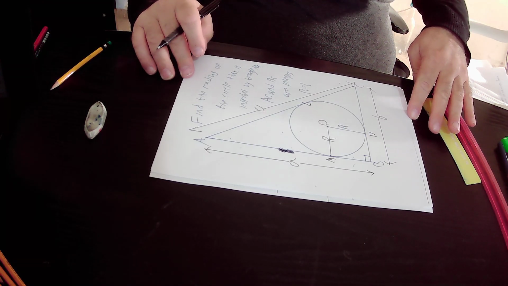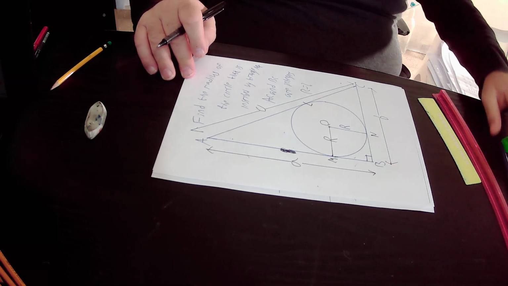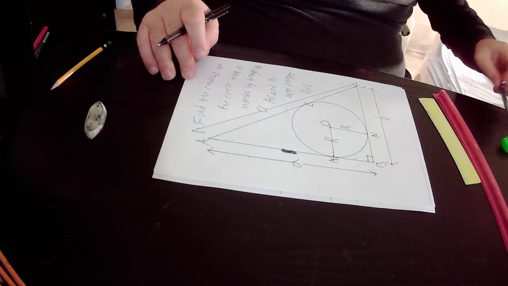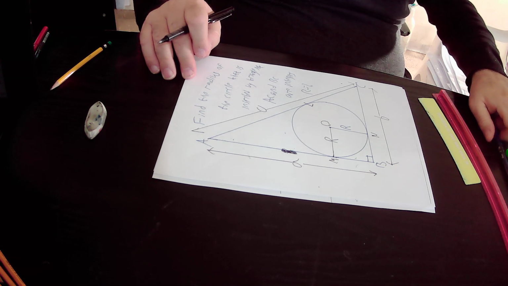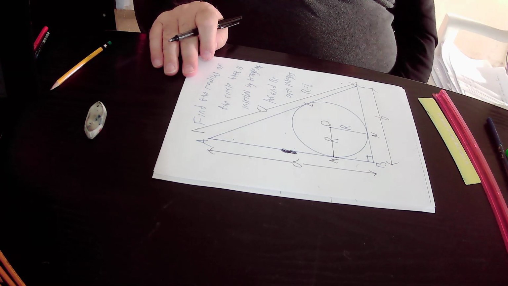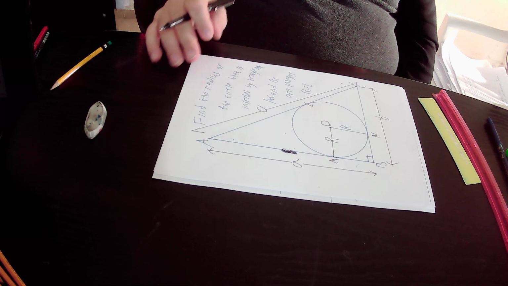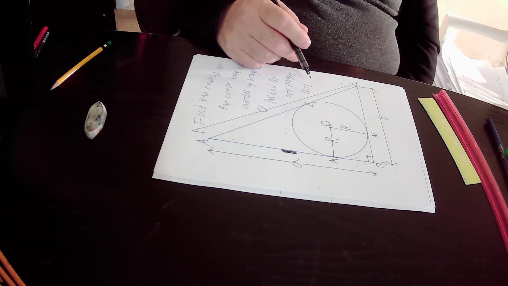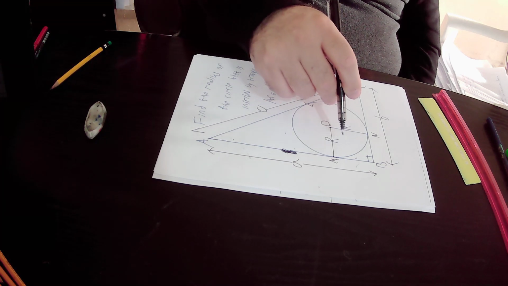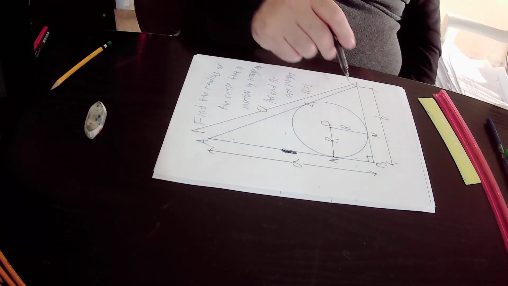Here we have rule number 1. According to rule number 1, a tangent to a circle is perpendicular to the radius drawn to its point of tangency. That is to say, here we have the radius OM that is drawn to point M, the point of tangency of tangent AB with this circle.